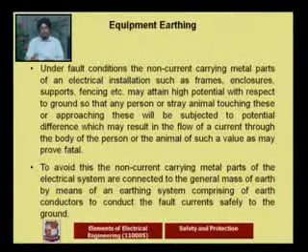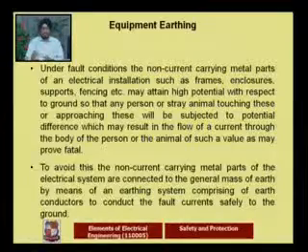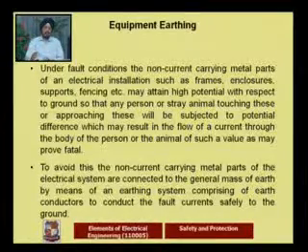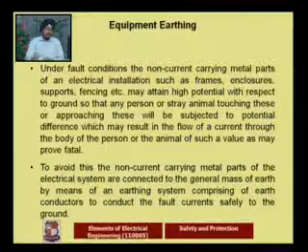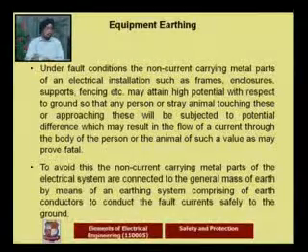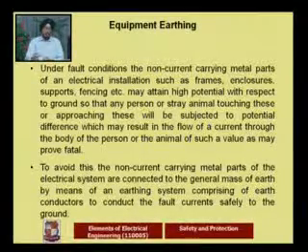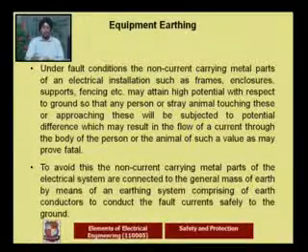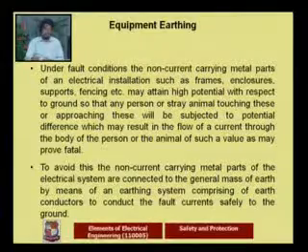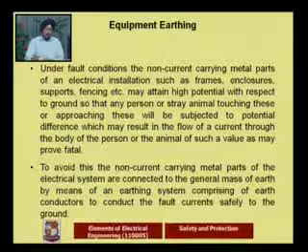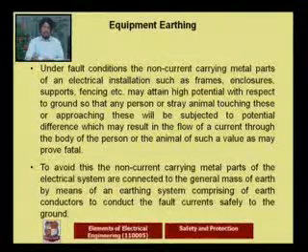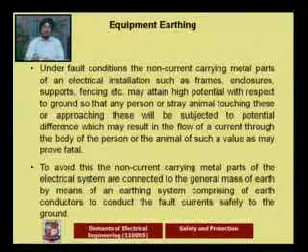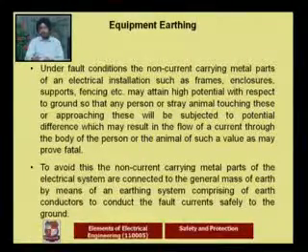So any human or living thing at or nearby may get a shock, their life can be in danger, or it can prove fatal. To avoid this, the non-current carrying parts, which may carry leakage or fault current, are connected at zero potential to the ground or the earth. The same is known as the equipment earthing.